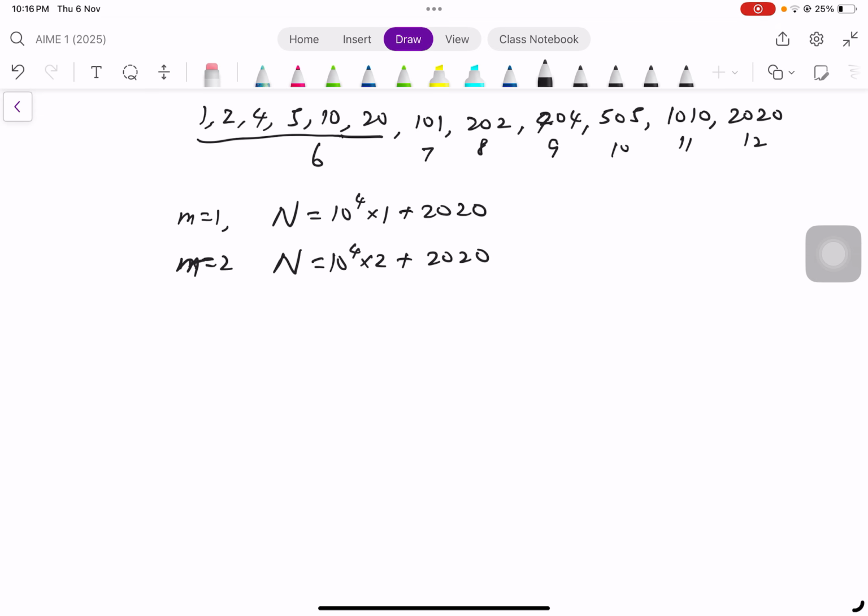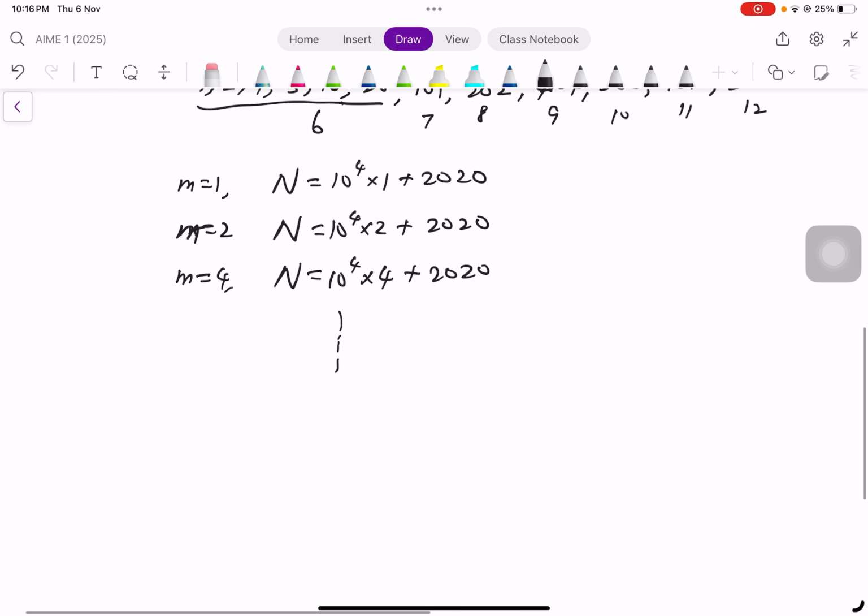Then m equal to 4, then N will be 10 to the power of 4 times 4 plus 2020. The whole thing goes all the way to m equal to 2020, and then N is 10 to the power of 4 times 2020, plus 2020.